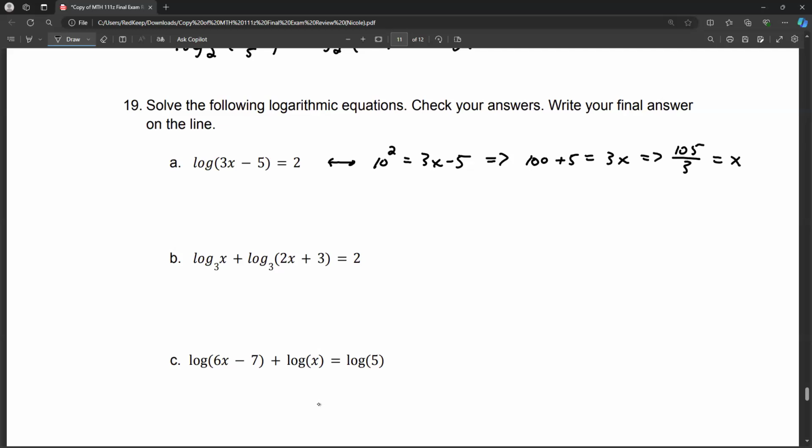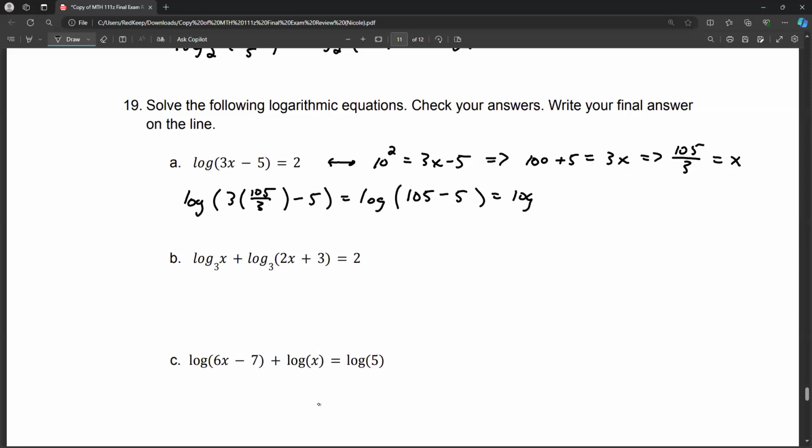Okay, so let's go ahead and check our work, right? I'm going to ask, what is this logarithmic function when I plug in my x value that I just found, which is 105 over 3 minus 5? So right away, let's write my log. 3 times 105 over 3, via simplification, is equal to 105, of course, minus 5.